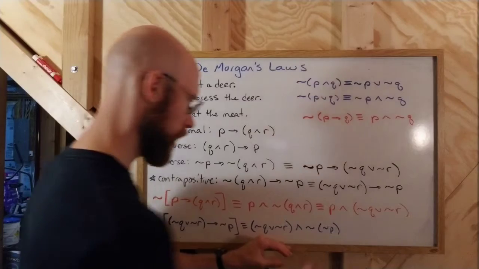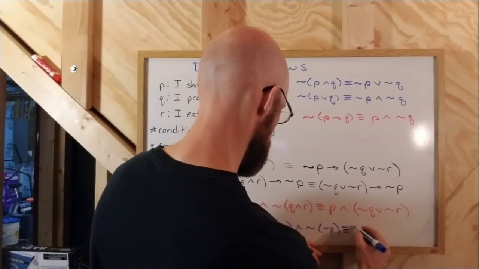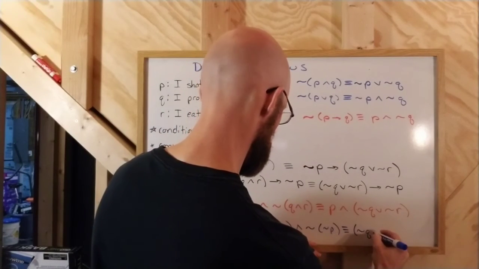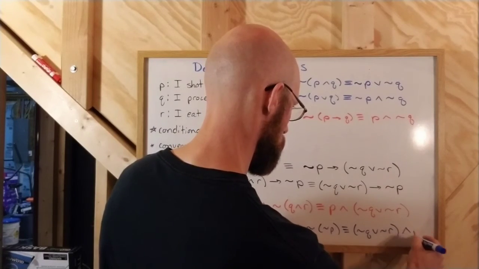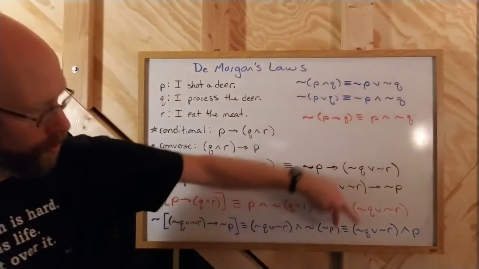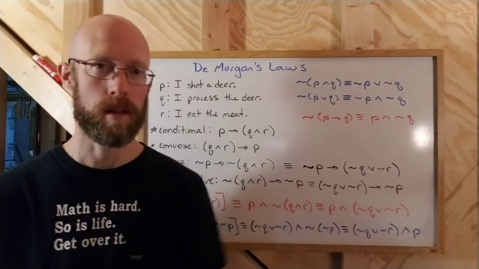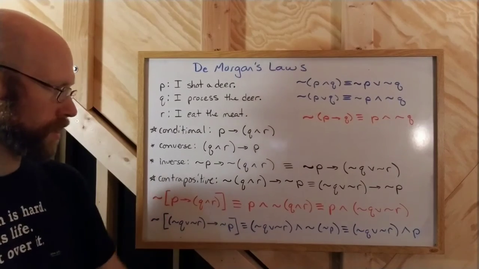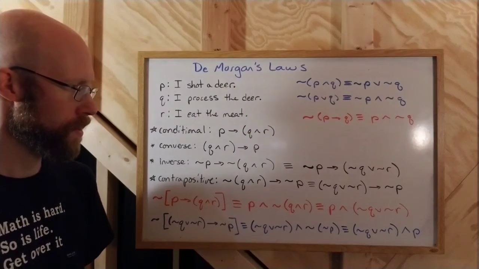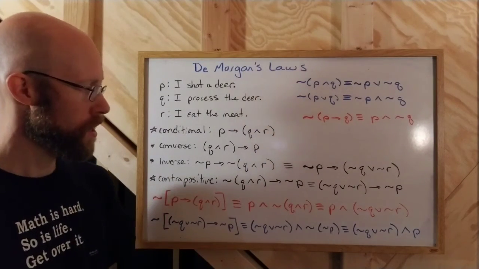So what I'm really looking at is not Q or not R, and P. So one of these two nots and P must actually both occur in order to negate the contrapositive. All right, kind of interesting.